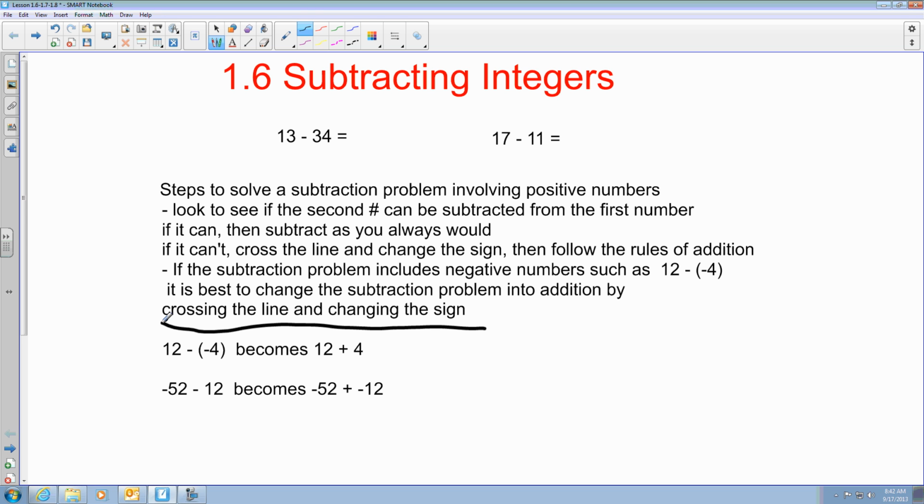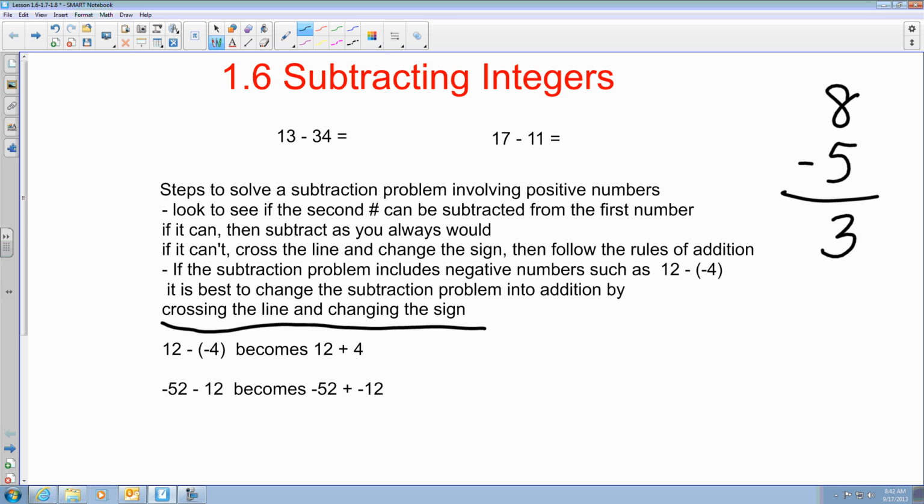So first step is, to solve a subtraction problem involving positive integers, look to see if the second number can be subtracted from the first number, just subtract it like you always have. Meaning if I have 8 minus 5, this is an easy subtraction problem. I know that this is going to be 3. So you don't have to do any crossing the line, changing the sign.